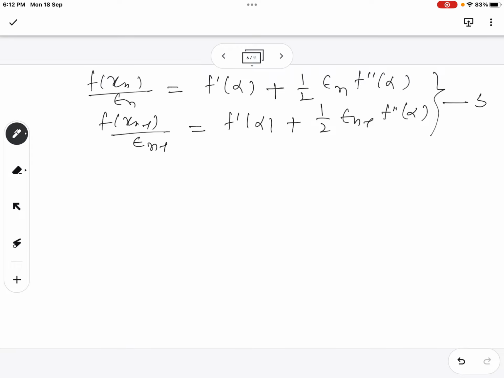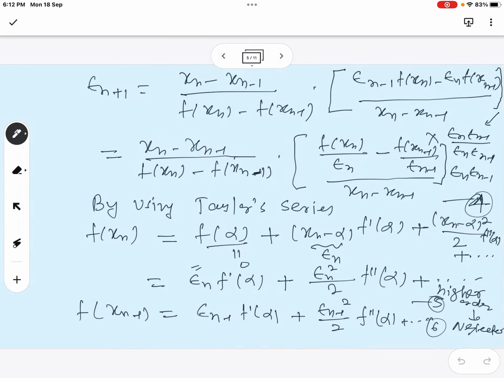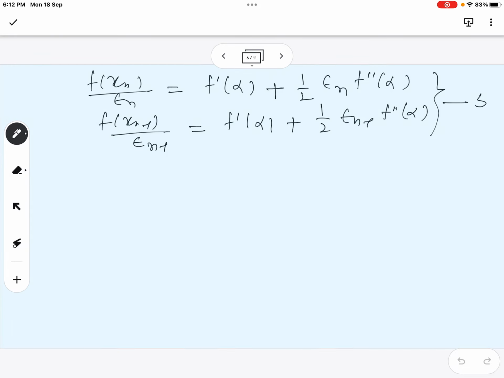So let us say that this is equation number 7.